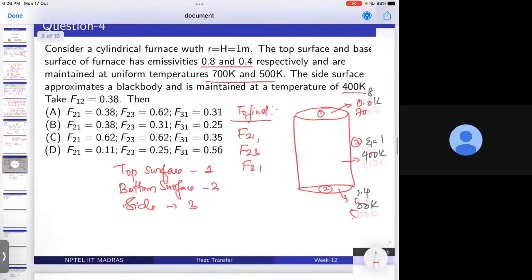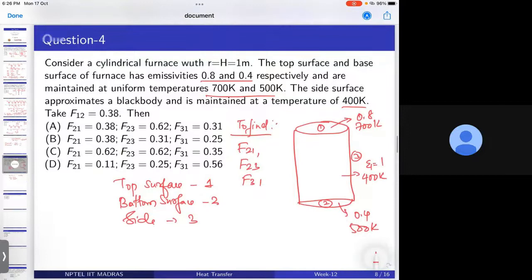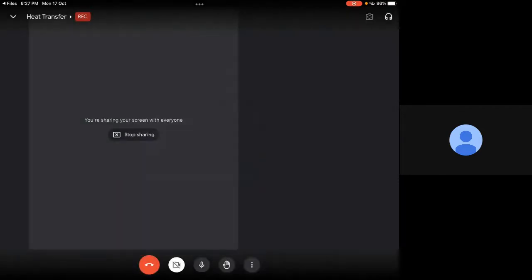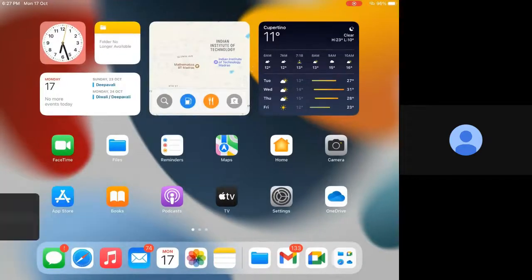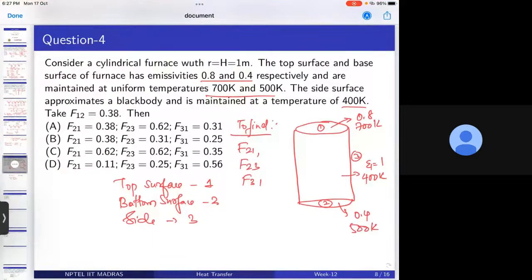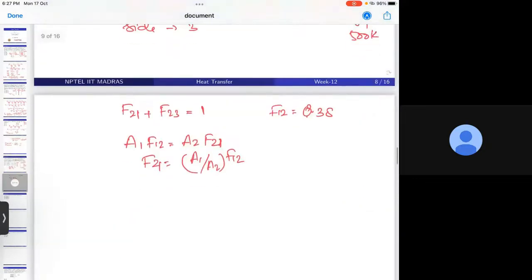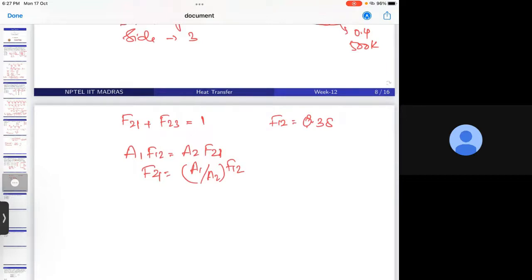As A1 and A2 are the same, since it's a cylindrical furnace, F12 is given.